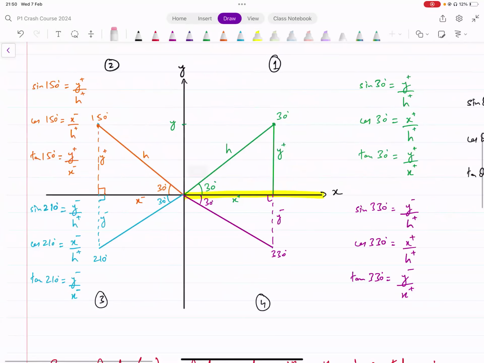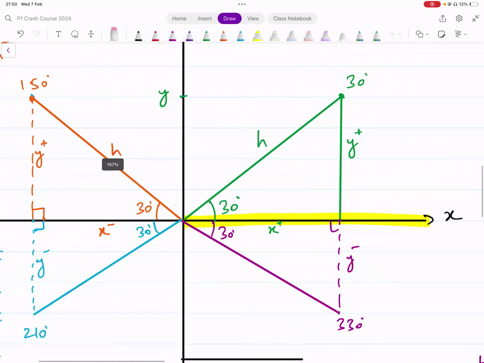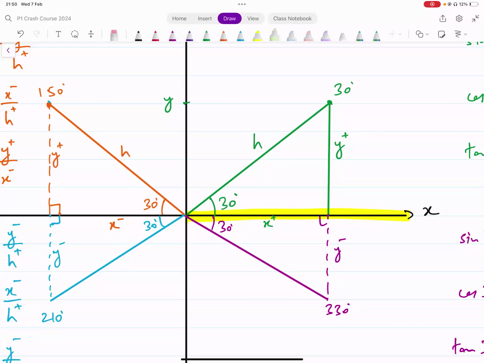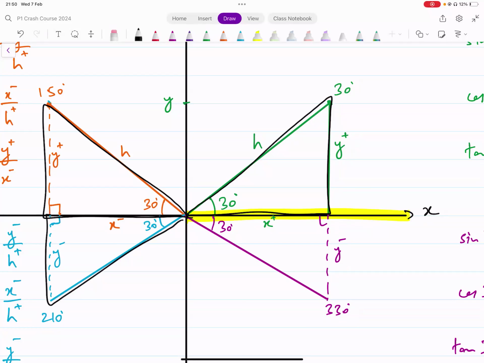Why? Because if the basic angle is the same, the triangles that you get from that angle are all going to be similar. And since the triangles are similar, the ratios are going to be the same, right? Similar triangles have the same ratios.